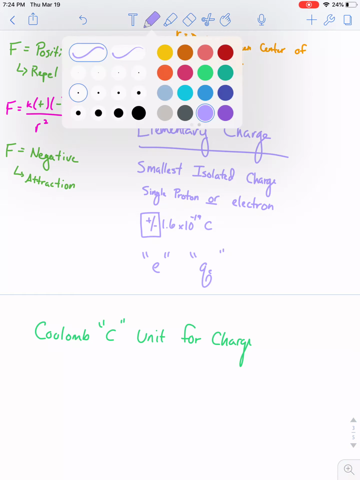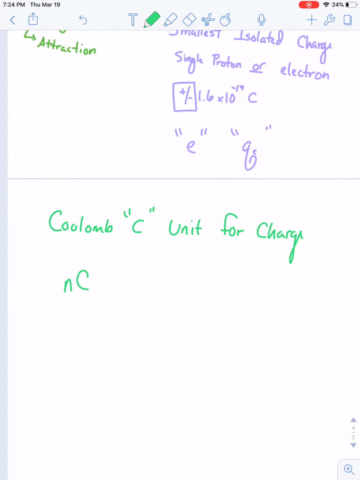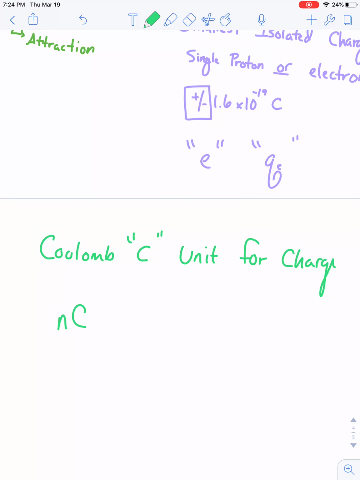What you're also going to see a lot is this idea of a nanocoulomb. In the example problem I've done with most classes, we looked at the force between two balloons with a charge of positive 1 coulomb and negative 1 coulomb. And the force between those, even if they're a whole meter apart, is like 14 trillion newtons of force.